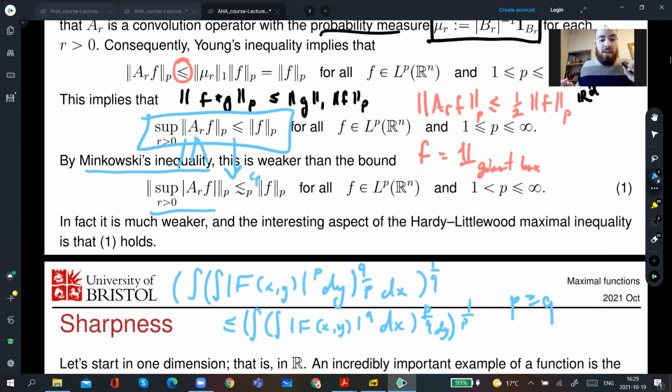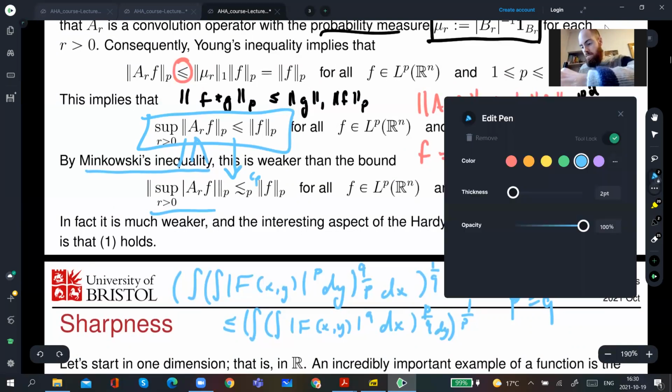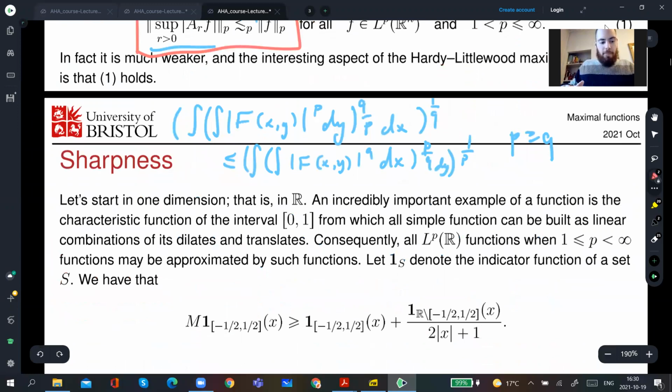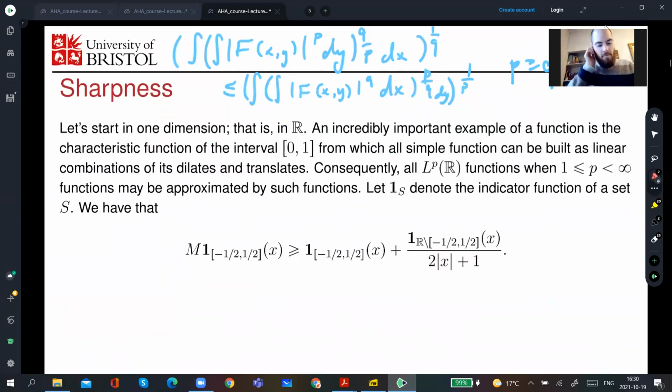And it's weaker also because this bound is not true when p is equal to 1, whereas the other bound is true for all p greater than or equal to 1. Great. So let's see why it fails when p equals 1.